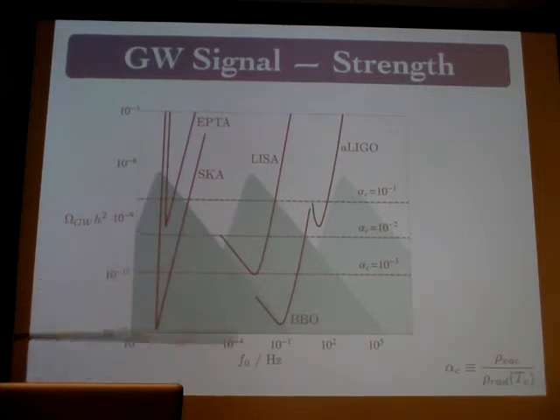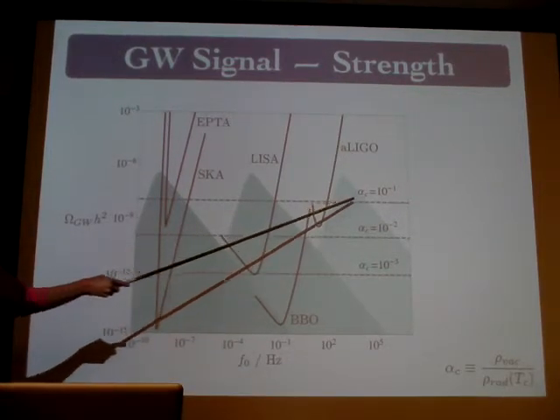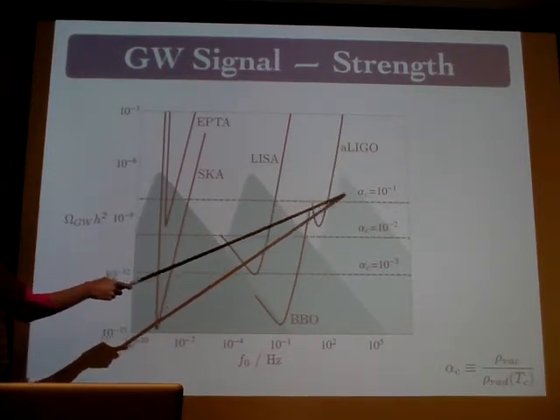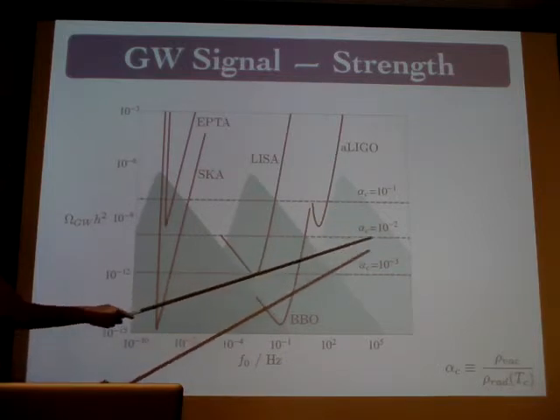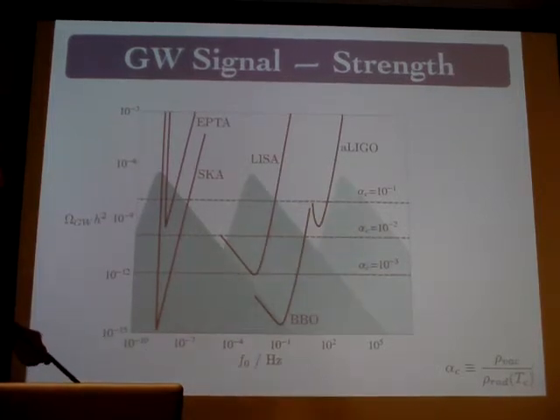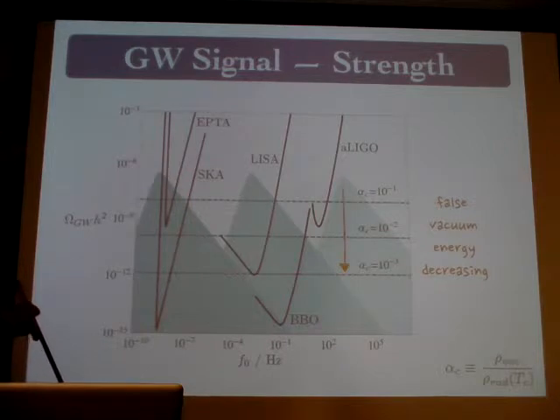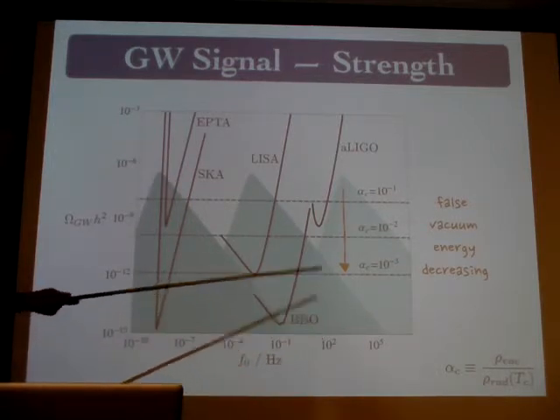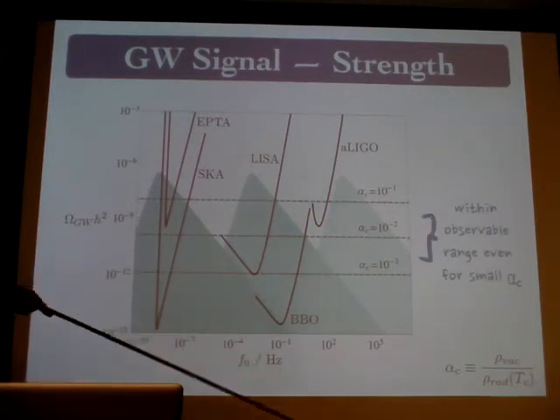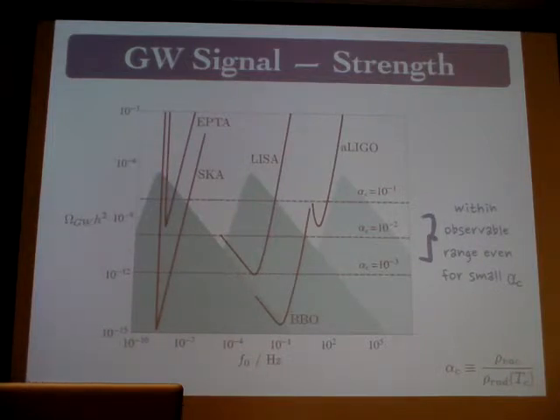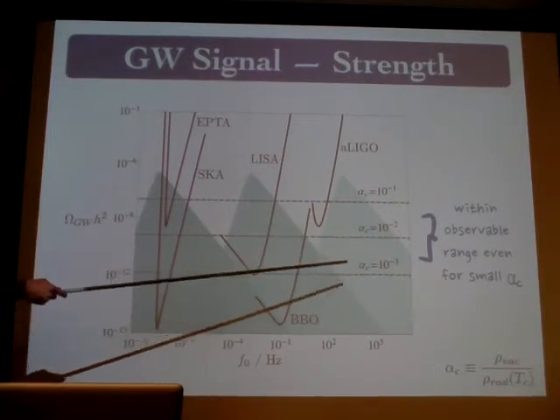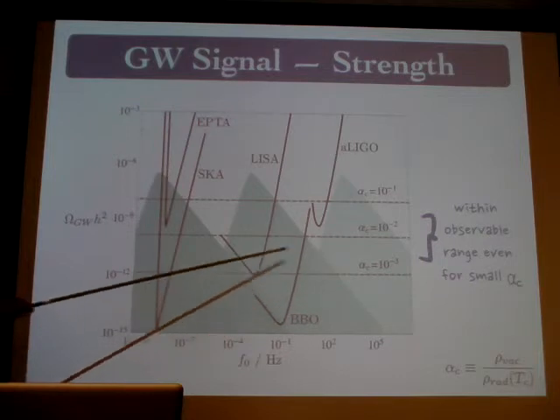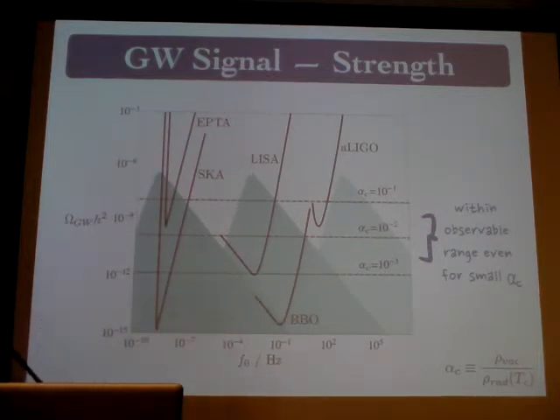So that's the maximally optimistic case. As you take this number to be smaller, the peak will become smaller, as indicated by these lines, obviously, as you would expect. But notice that even for values of alpha, of this ratio at collision, which are rather small, this is still within an observable range, at least in some of these experiments. So it's kind of potentially interesting.